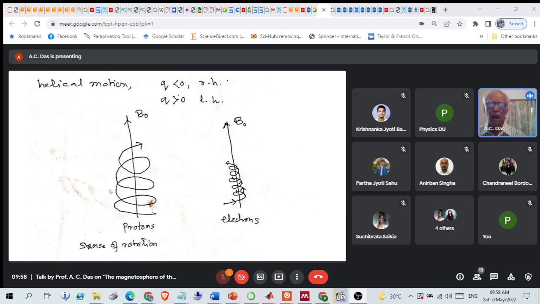So the electrons and protons, of course, move along the direction of the magnetic field, but their rotation sense is different. One is left hand motion, and for the electrons it is right hand motion. So this is the kind of motion of particles.